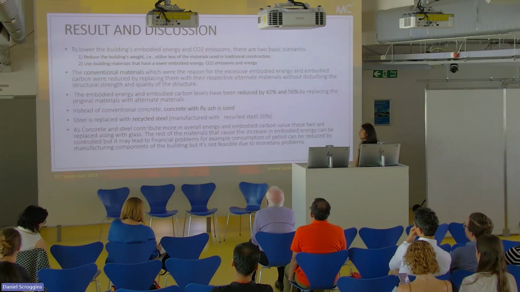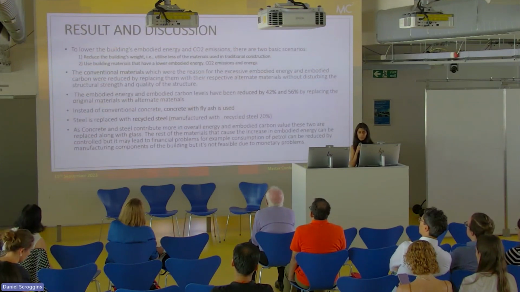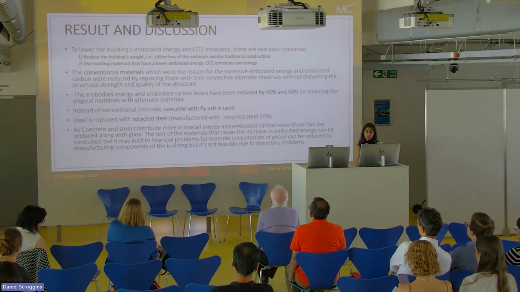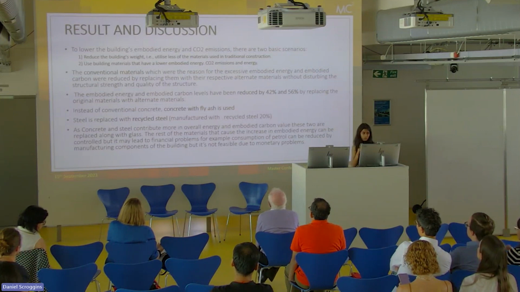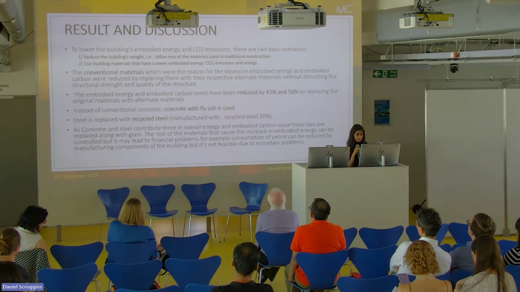For the results and discussions, when I did the analysis as per the retrofit of the structures for the existing building, I saw that reducing the building weight contributes to a lesser amount of embodied energy, and replacing materials with low embodied materials also reduces the carbon emission of the building.